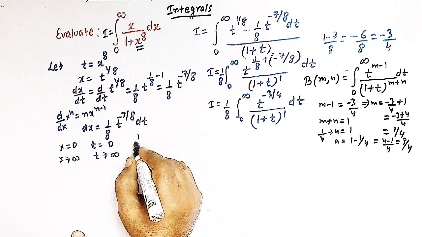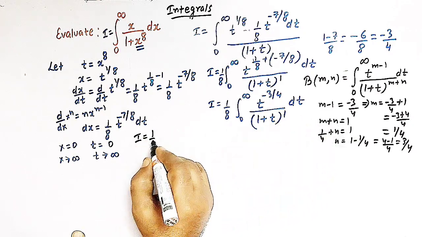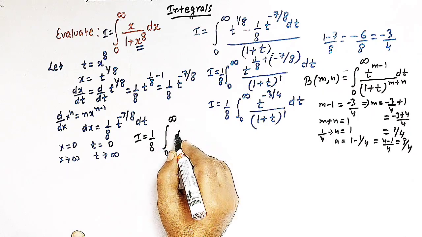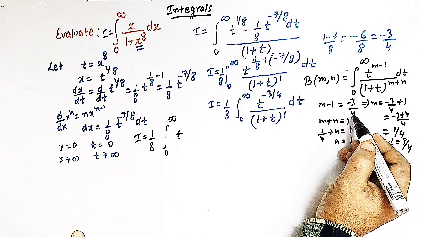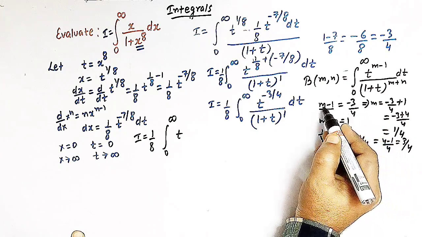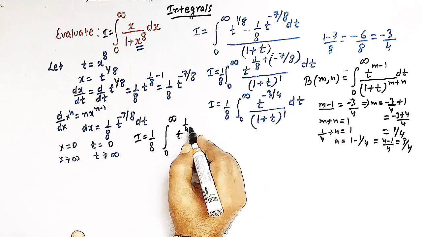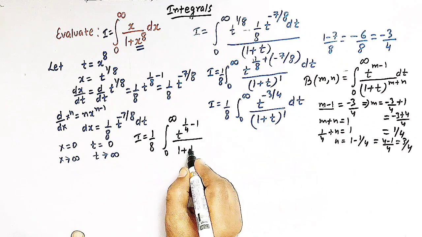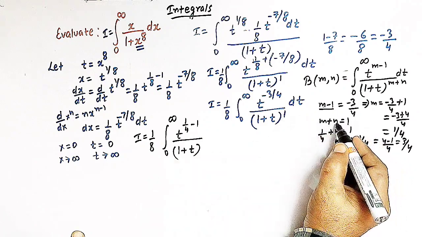So now we can write this integral as 0 to infinity and t raised to minus 3 over 4. Now minus 3 over 4 is m minus 1 and m is 1 over 4. So we can now write 1 over 4 minus 1, and here we have 1 plus t raised to 1, and 1 is equal to m plus n.